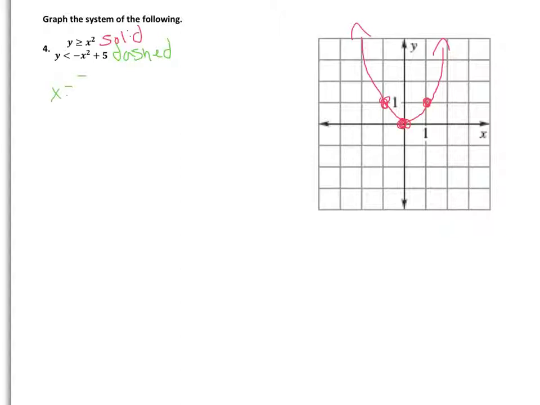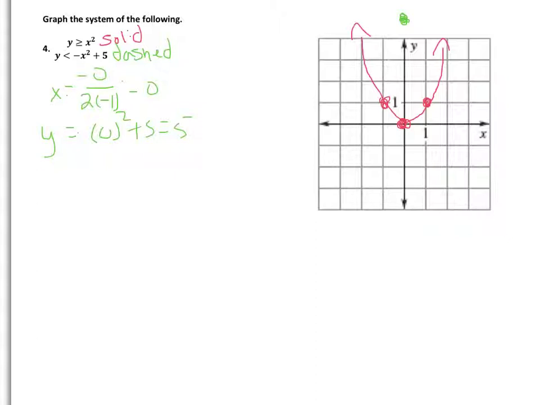X equals -0 divided by 2 times -1, so 0. And if you plug that in, you get 5, so 1, 2, 3, 4, it'd be up here.